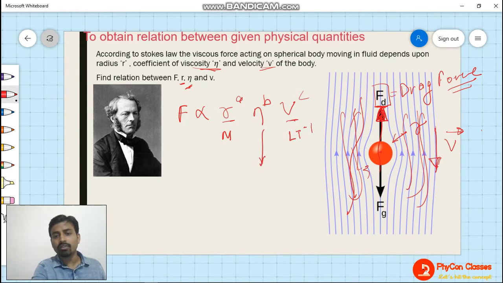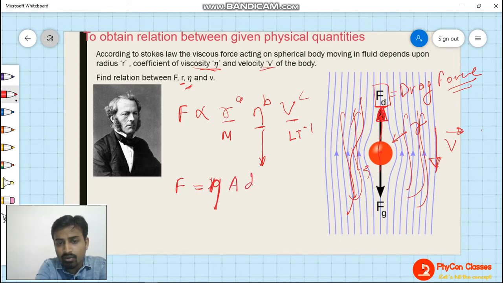But what about viscosity? Let us discuss that. The coefficient of viscosity, eta. For this, we need to know one formula, and I'll just give you this formula. F is equal to the drag force, F equals mu, or eta here we are representing it with mu, into area into du by dy.